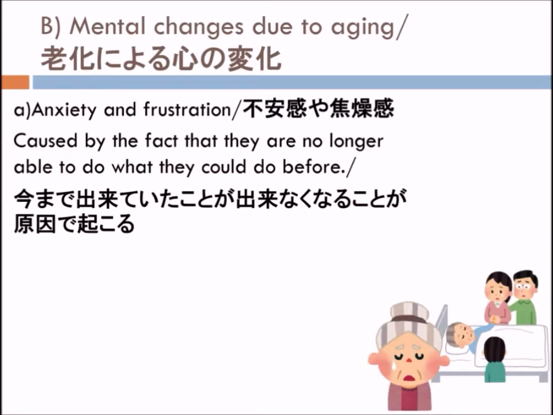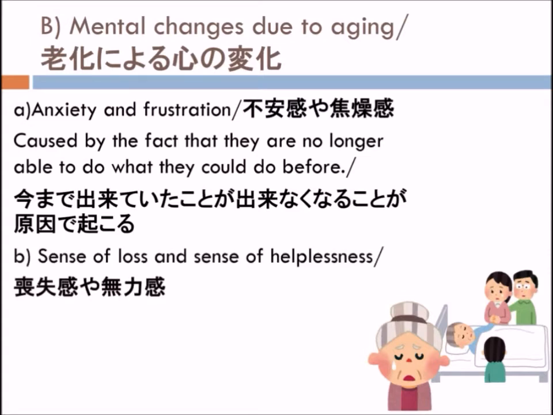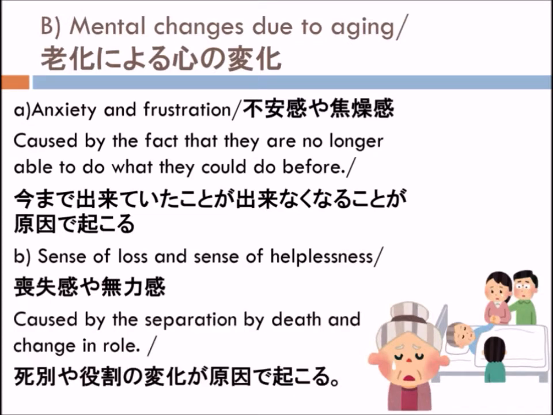Anxiety and frustration are caused by the fact that they are no longer able to do what they could do before. Sense of loss and sense of hopelessness. Sense of loss and sense of hopelessness are caused by the separation by death and change in role. The mental changes make elderly people more vulnerable to depression.